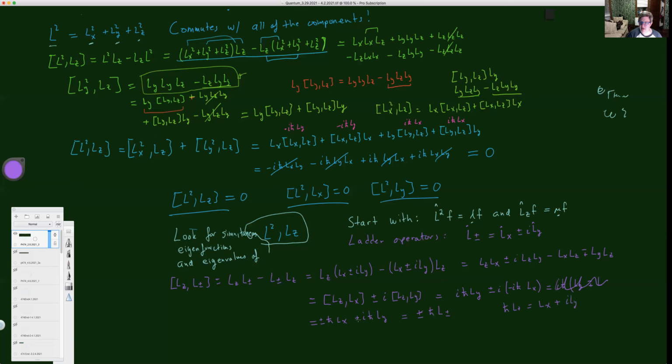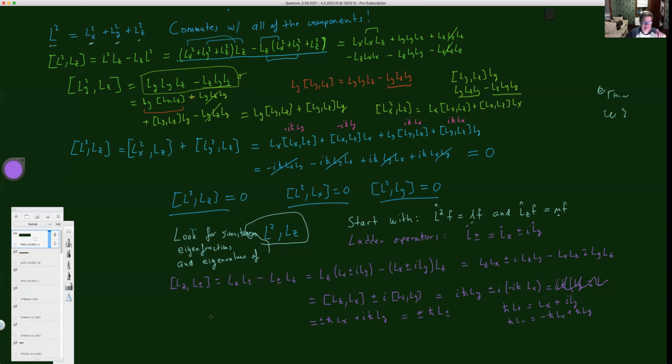And what would we get here? Yep, plus iLy. Okay. What about if it was L minus? We would get ħ L minus, and this would be minus ħ Lx, and then plus ħ Ly. Okay. Yeah, so it does work. Okay, so this is the answer to this commutator.